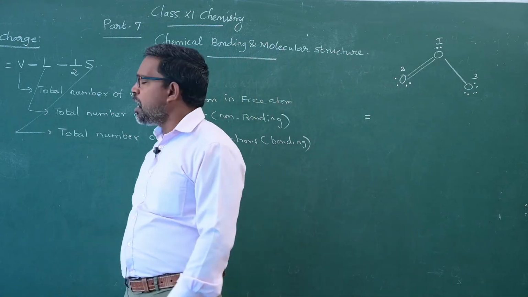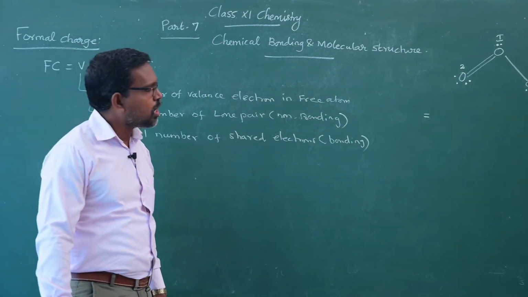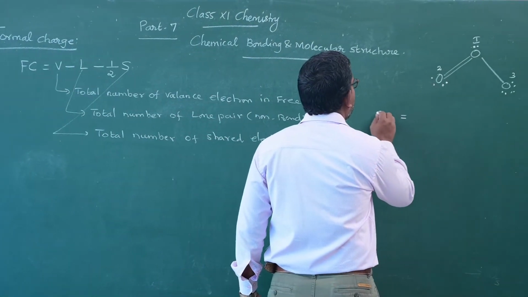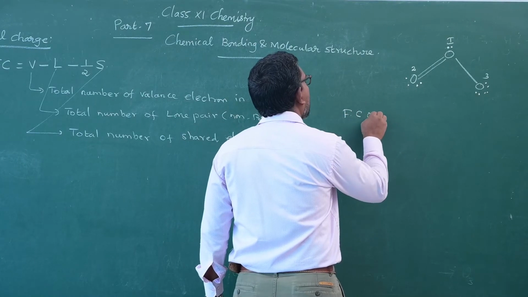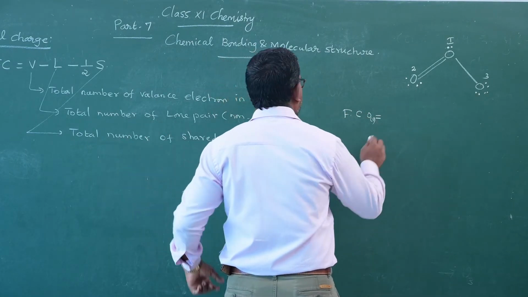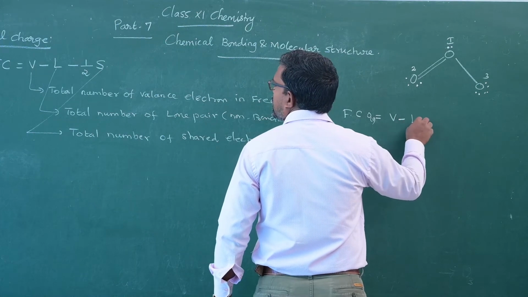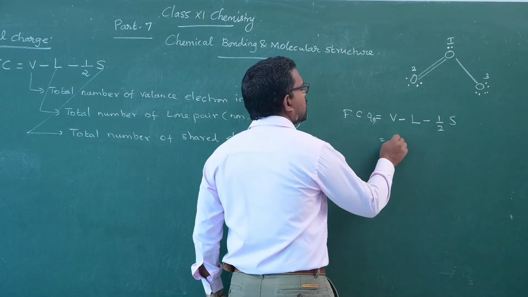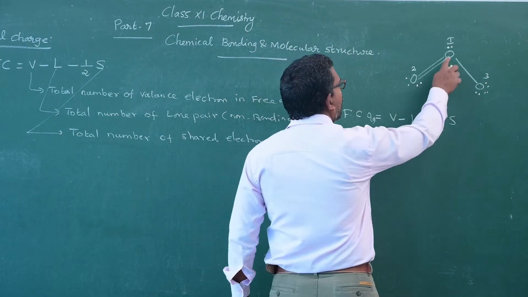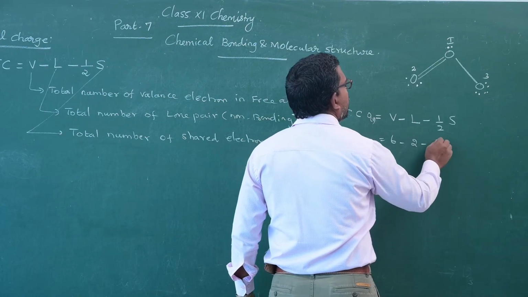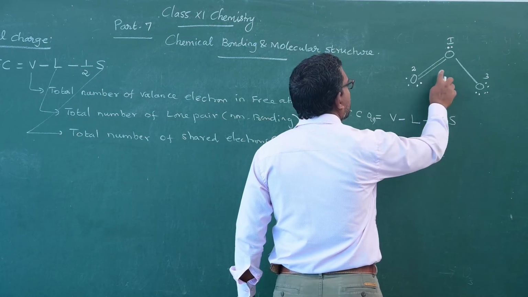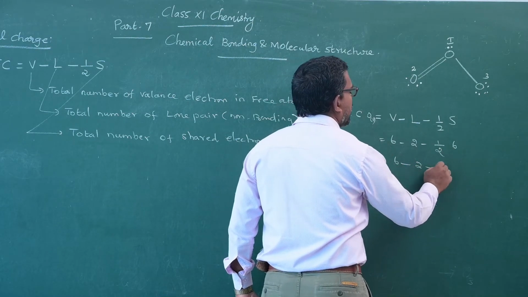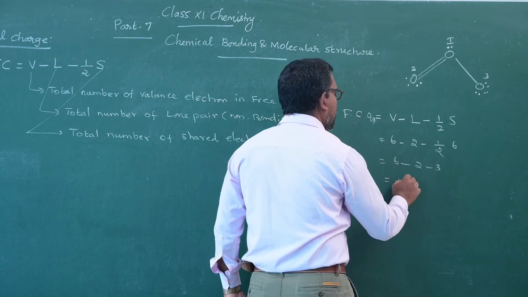How to find the formal charge? Formal charge of oxygen 1, formula V minus L minus 1 by 2 into S. V is equal to 6, minus L, lone pair of electrons 2, minus 1 by 2 into shared electrons, that is also 6. 6 minus 2 minus 3 is equal to plus 1.